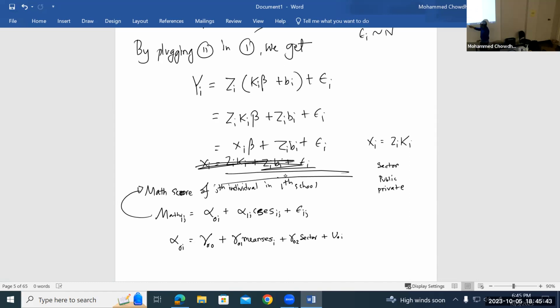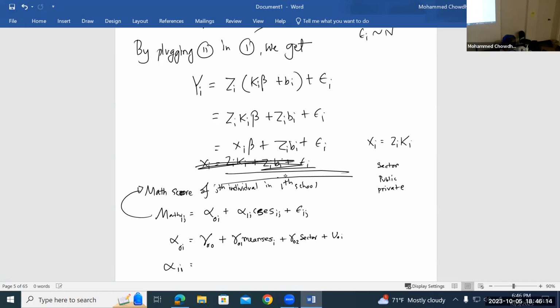So I am modeling the math score of the jth individual in the ith school, and this is the ith school intercept, the ith school slope, and this is my predictor variable. This is a random term. Now, as I am modeling clustered data, each intercept and slope should be different. So now I am modeling them.